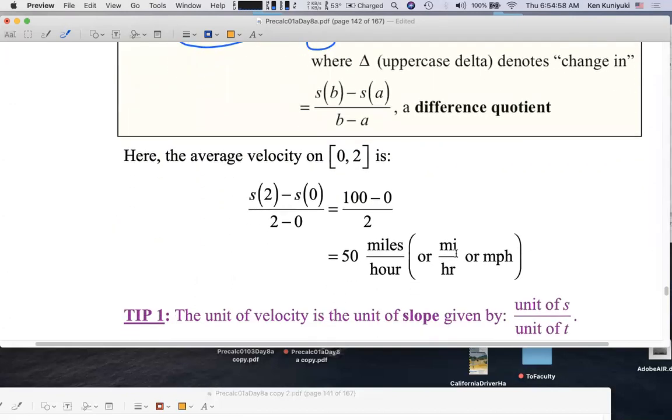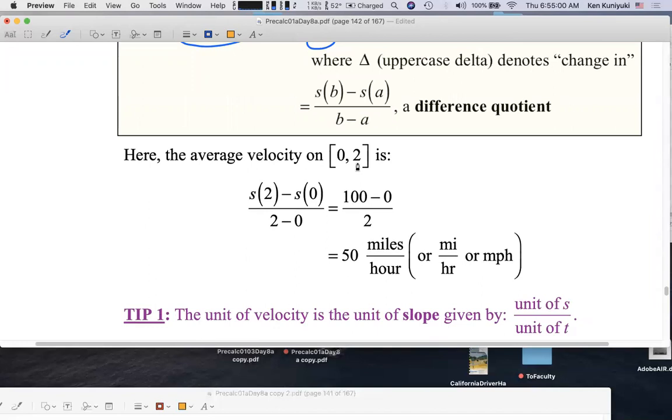So here, the average velocity from noon to 2 p.m.: your position at 2 p.m. is at the 100-mile milestone, minus your position at time 0, noon, the 0 milestone, all over 2 minus 0, that's 2 hours. From noon to 2 p.m., the change in time is 2 hours. So the difference quotient here is given by 50, and the unit is basically the y unit over the x unit.